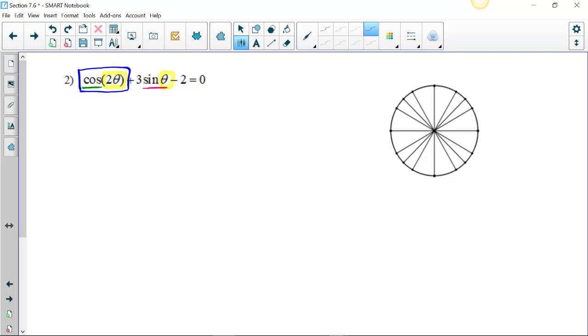There's one that has both sine and cosine. There's one that has only cosine and one that has only sine. Since this other trig function is sine, then I can take care of 2 problems in one. I can get rid of the double angle and I can turn cosine into sine by choosing the double angle identity involving only sine, which is 1 minus 2 sine squared theta.